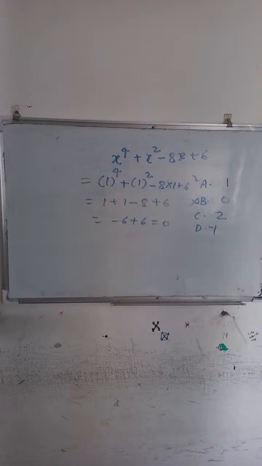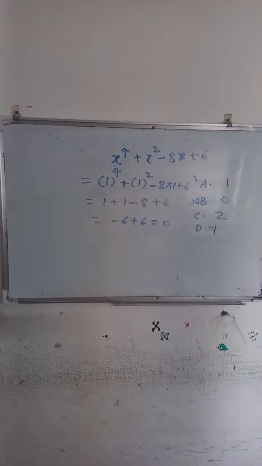Which of the following identity can be applied for evaluating 203 into 205?